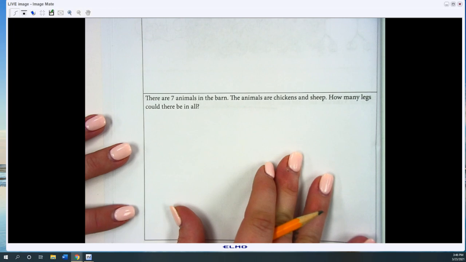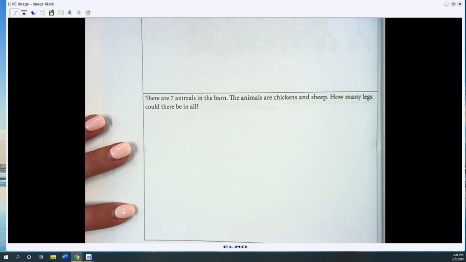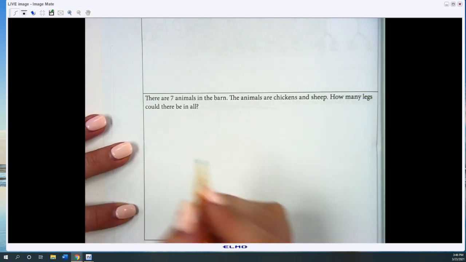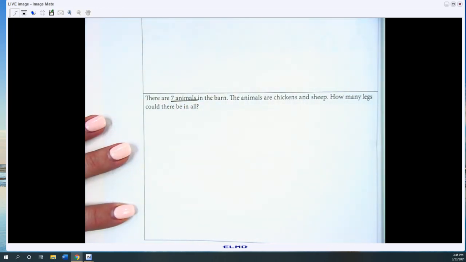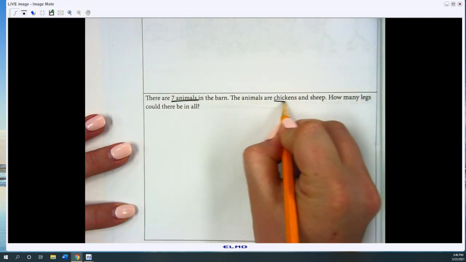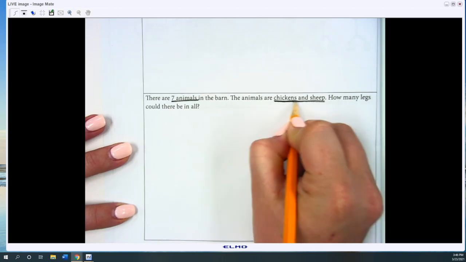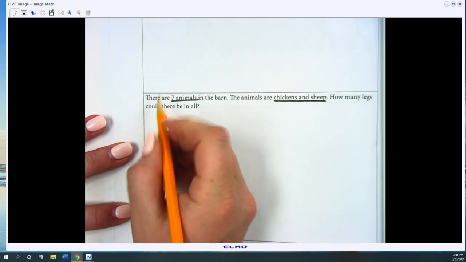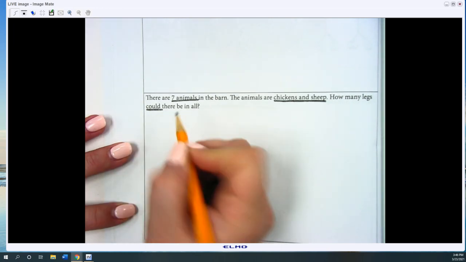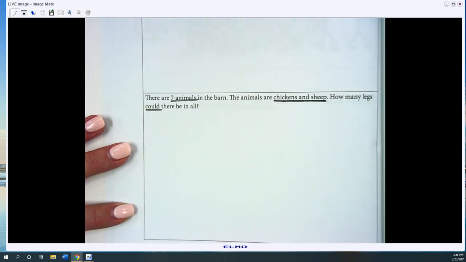Okay, and on the bottom is your last one. It says there are 7 animals in the barn. The animals are chickens and sheep. How many legs could there be in all? So this one's pretty tricky.